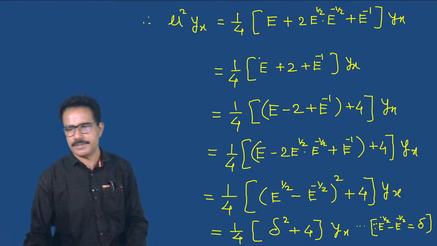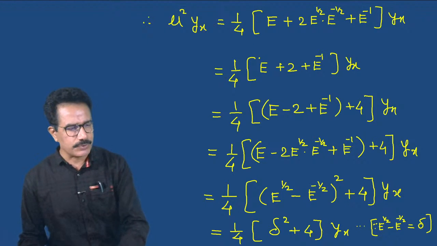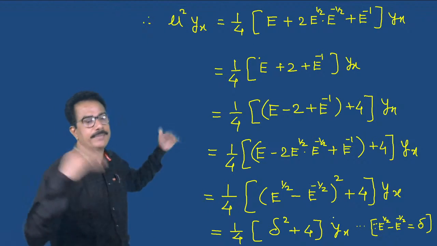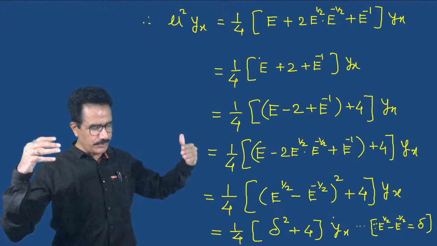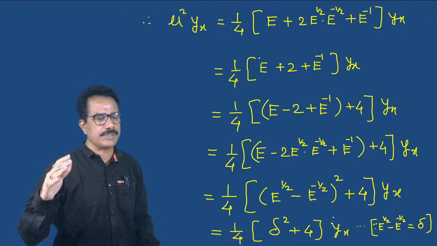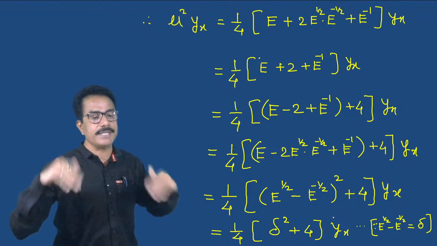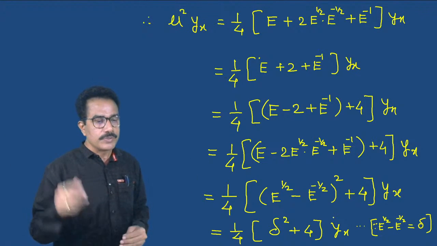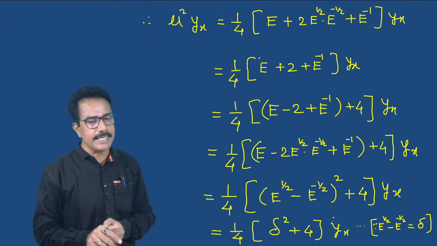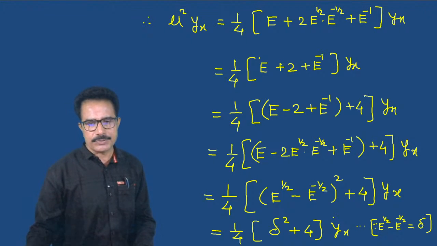This is a since, small delta. So we can write this as, समजतं का स्टुडंट पहा, e raised to 1 by 2 minus e raised to minus 1 by 2. So it can be written as a small delta.